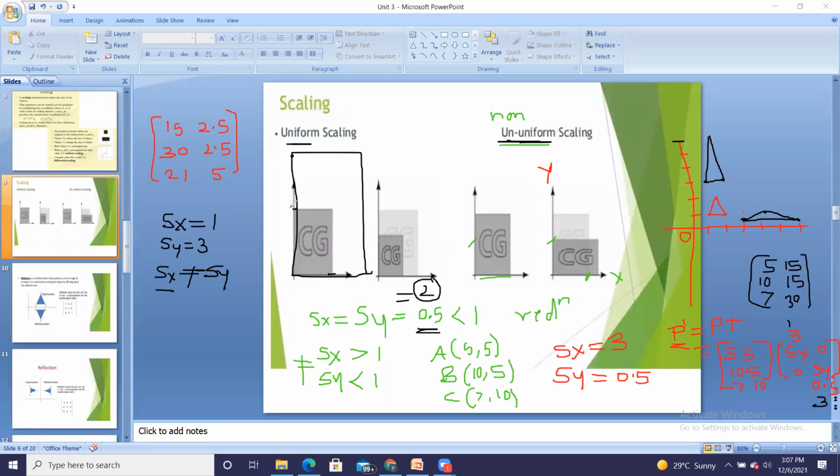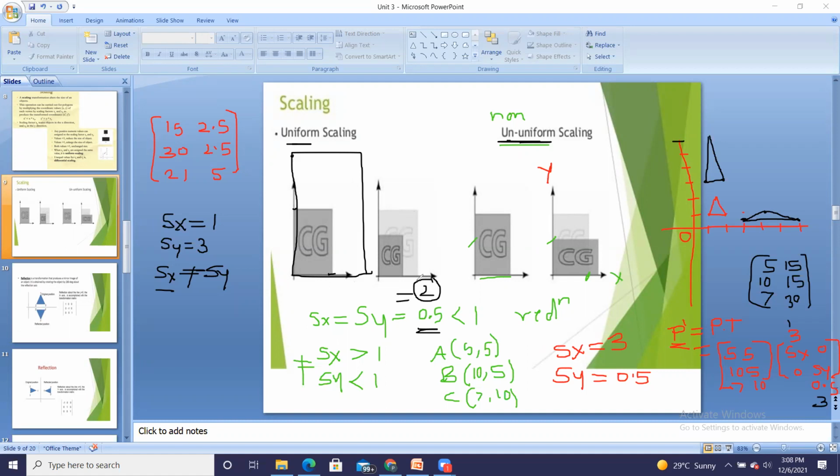और सेकंड केस इज दिलेलं ऑब्जेक्ट जर कंप्रेस होत असेल तर हे तुमचं दिलेलं ऑब्जेक्ट आहे आणि हे रिझल्टंट आहे. या रिझल्टंट मध्ये काय होतंय तर दिलेलं ऑब्जेक्ट कंप्रेस होत चाललंय, विच इज हाफ ऑफ इट्स हाईट, हाफ ऑफ इट्स विड्थ. त्याची विड्थ पण हाफ झाली आहे आणि त्याची हाईट पण हाफ झाली आहे. त्या केसमध्ये Sx and Sy बोथ आर हाफ, दॅट इज 0.5. अगेन ते सेमच आहेत. जरी कंप्रेशन झालं तरी सुद्धा Sx and Sy सेम आहेत आणि जरी एक्सपान्शन झालं तरी सुद्धा Sx and Sy सेम आहेत.